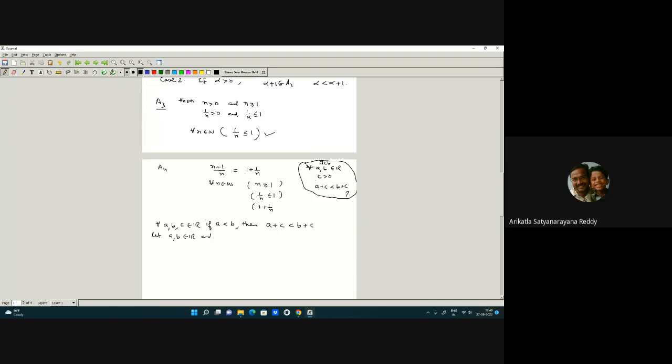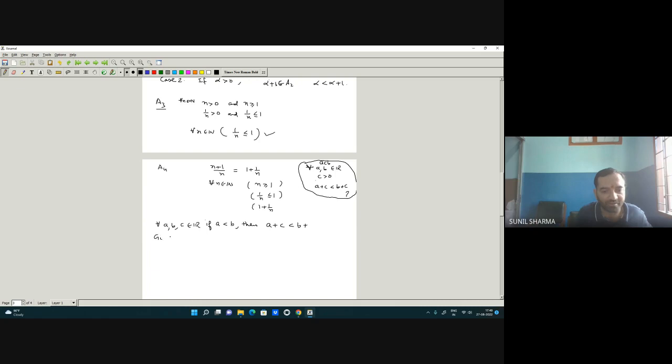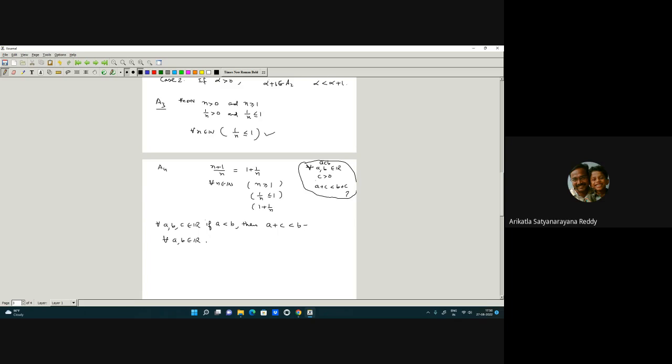No, you can write: given any a, b belongs to R. Given means for all, okay. So I use: given any a, b in R, bracket open, and a is less than b.